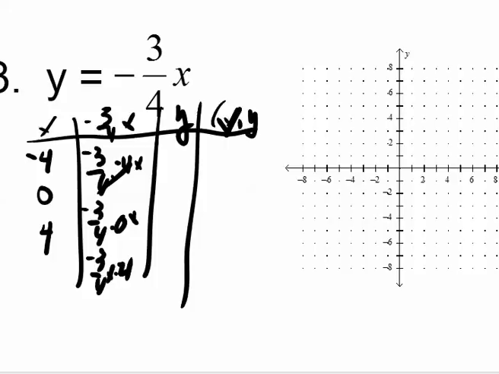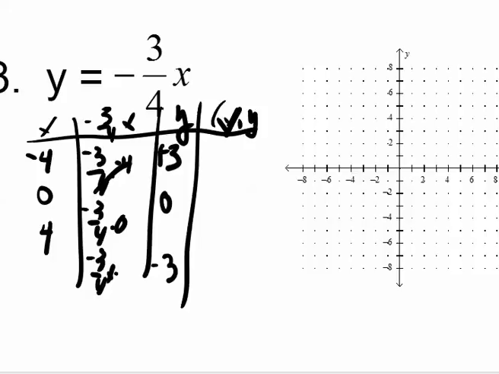We should have actually gotten rid of our x's when we did this, so let me do that. Get my handy dandy eraser here. And so now it's going to be a 3, 0, negative 3.